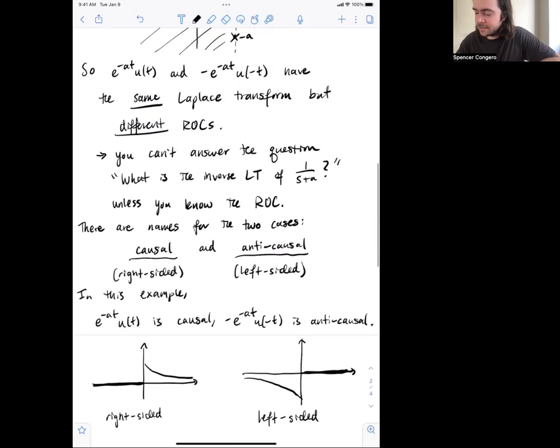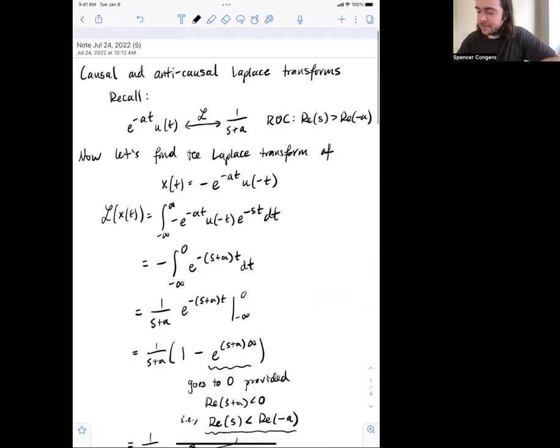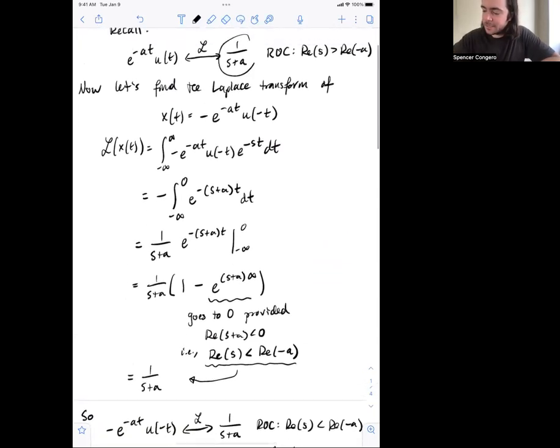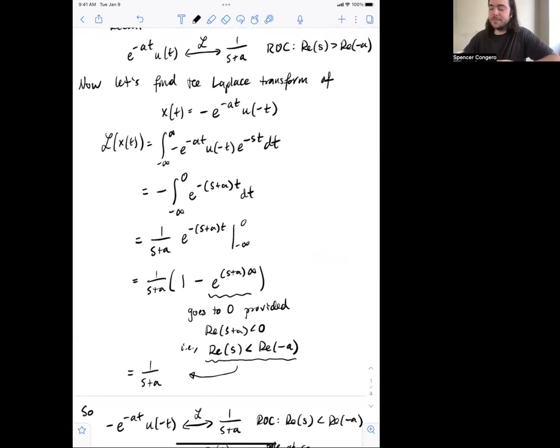So just to summarize everything we did in this video. This is an important point. We'll see this come up not just for these pairs of Laplace transforms, but for other ones as well in the next video. So certain functions, as we can see, have the same Laplace transform. And so how do you tell them apart? Well, you look at their regions of convergence. That's how the Laplace transforms can differ.